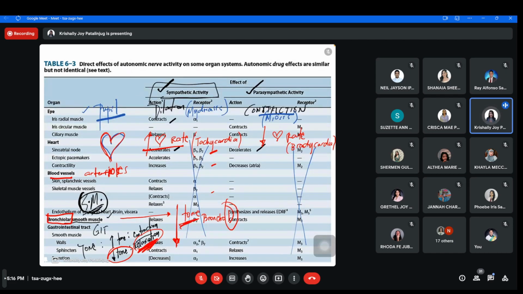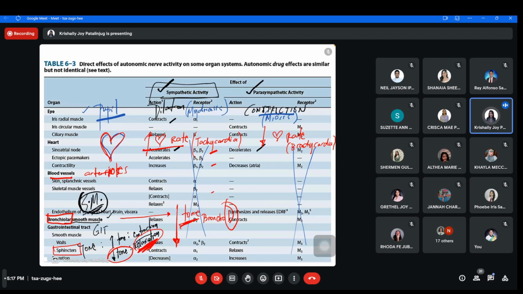The GI tract, the stomach, the intestine, is relaxed. So there is no digestion happening because the muscle is relaxed. Therefore, what happens to the sphincter?